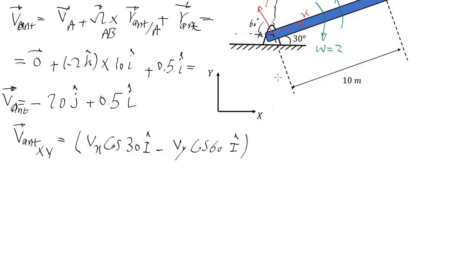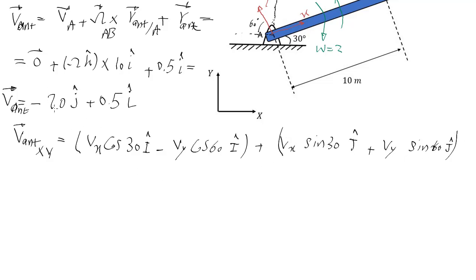That's for the I. And for the capital J component, we are going to have Vx sine 30 in the capital J direction, plus Vy sine 60 in the capital J direction here.